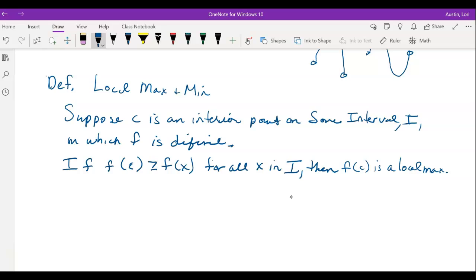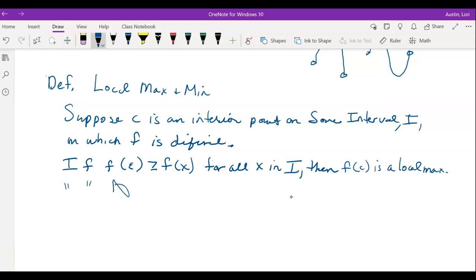Suppose C is an interior point on some interval I on which f is defined. Okay? I wrote it this way so I don't have to rewrite the whole thing for the min.